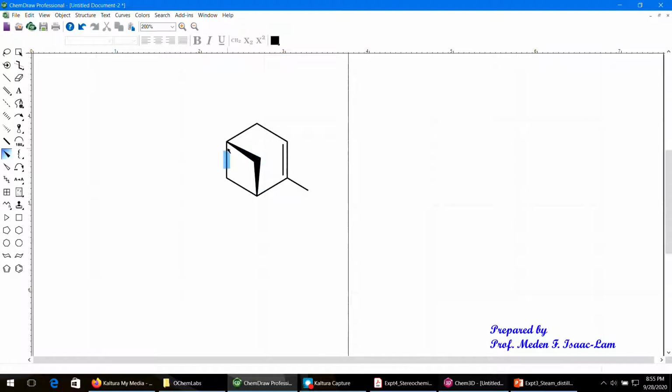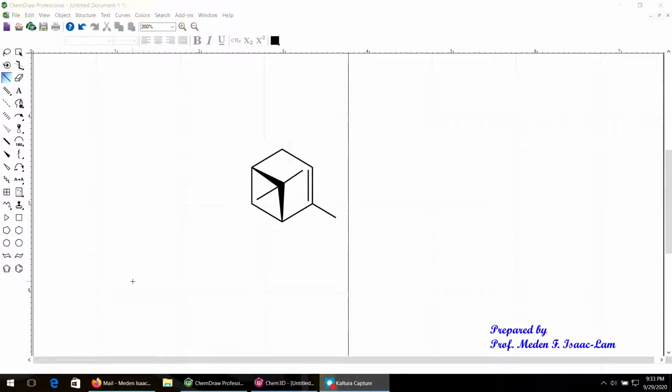So there is a cyclohexane, 1, 2, 3, 4, 5, 6. There is an alkene, that's a double bond. However, there's another ring attached, which is a 4-membered ring, 1, 2, 3, 4. On this carbon there is a methyl, and then another methyl coming from this carbon. This is now the structure of alpha pinene.